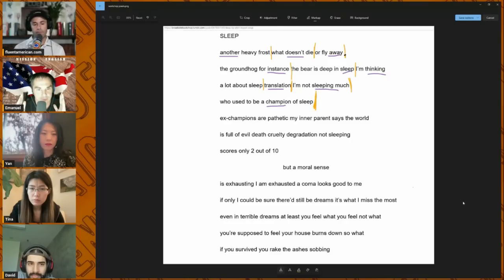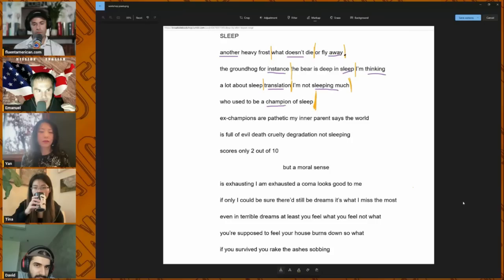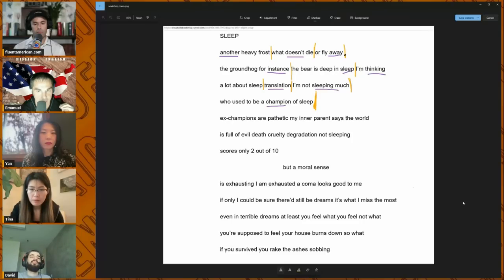Yeah, but from the listener's perspective, the groundhog, for instance, and then everything needs to go down. The bear is deep in sleep. And sleep, even though it's stressed, needs to be overall lower because it's within that thought group. In general, yeah. What do you mean in general? Isn't that a rule? There are no rules. It's a language.